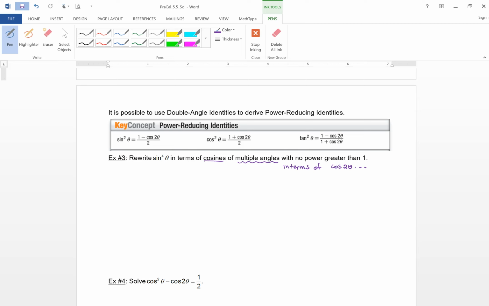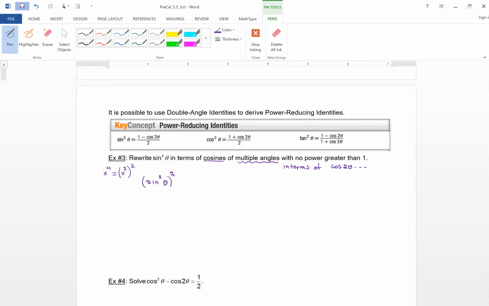So sine to the 4th theta. Now, if you had x to the 4, can you write that as x squared squared? We can do that. So if you have sine to the 4, can we write that as sine squared theta, squared? We can do that. Why do we do that?